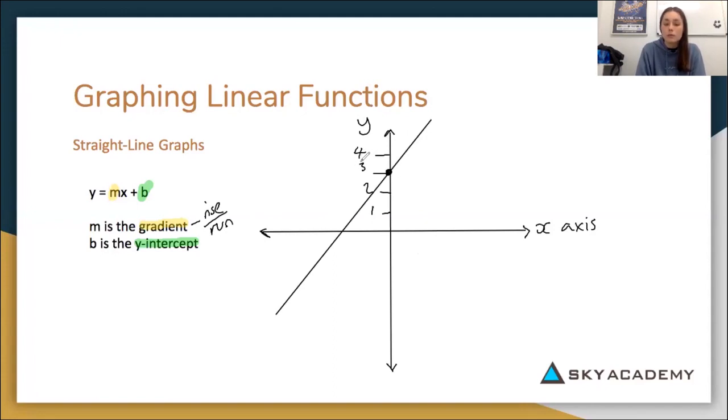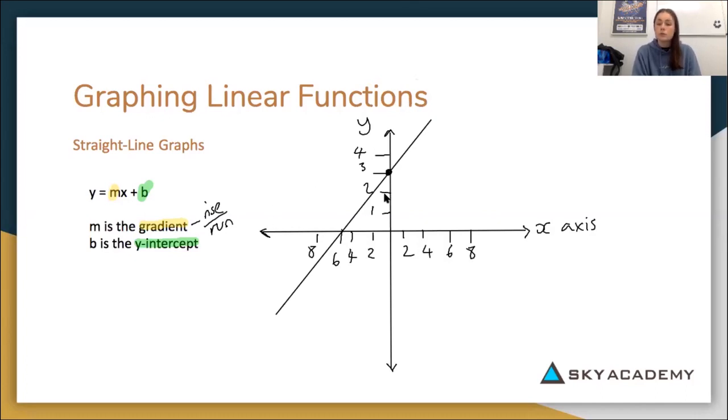If I were to put values onto the x-axis, 2, 4, 6, 8, for example, like this, and then I was to calculate my gradient, we do rise over run.